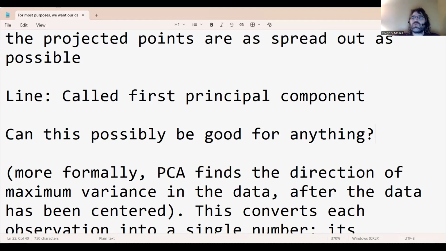Can this one-dimensional summary of 15,000 dimensional data possibly be good for anything? And in the next video, we will look at the document vectors of some real books, and we'll see what happens when we do this analysis.